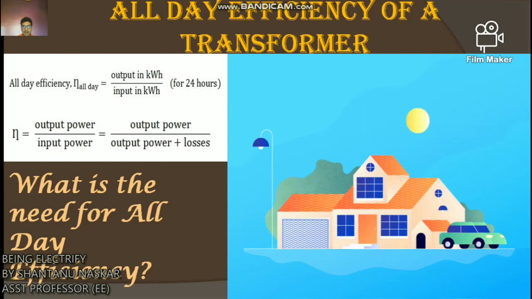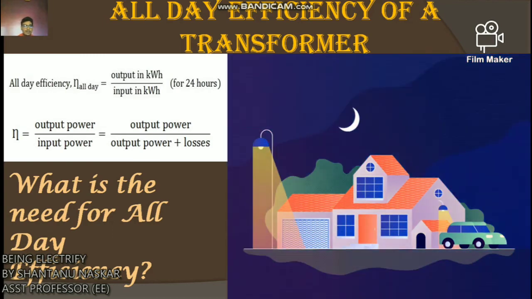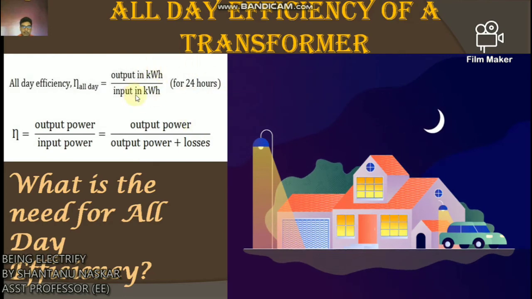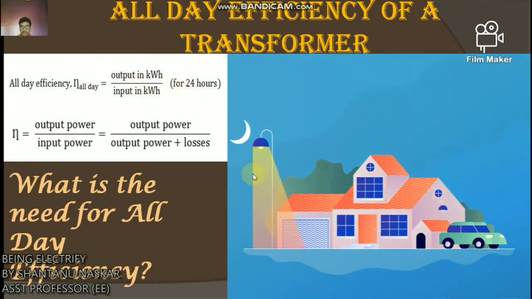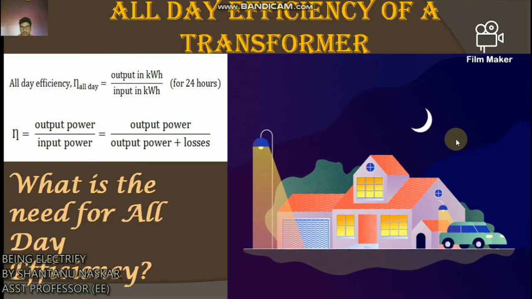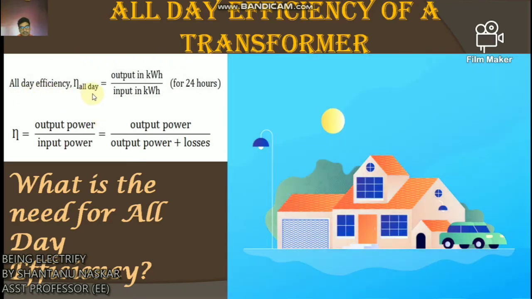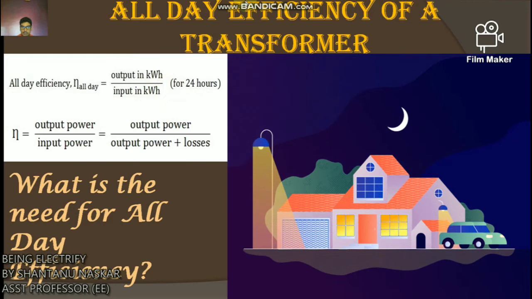It is defined as the ratio of output to input in kilowatt hour or watt hour of the transformer over 24 hours. Mathematically, all day efficiency equals output in kilowatt hour by input in kilowatt hour for 24 hours.